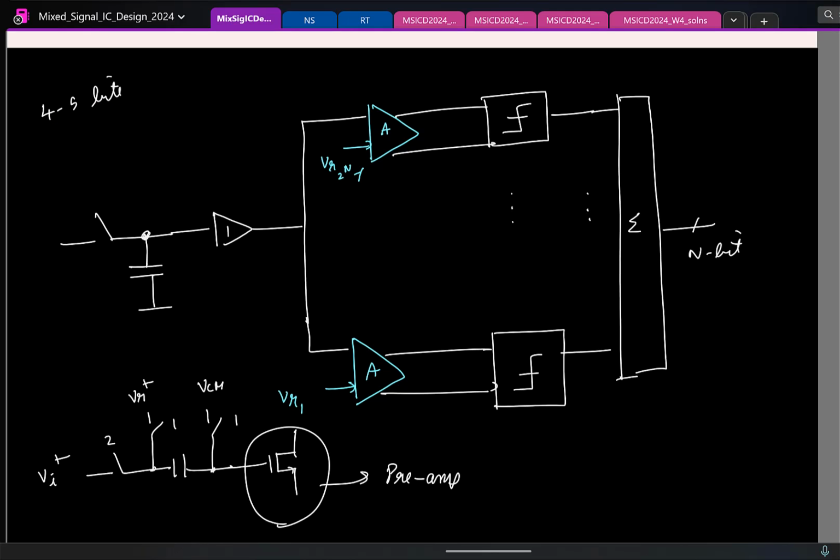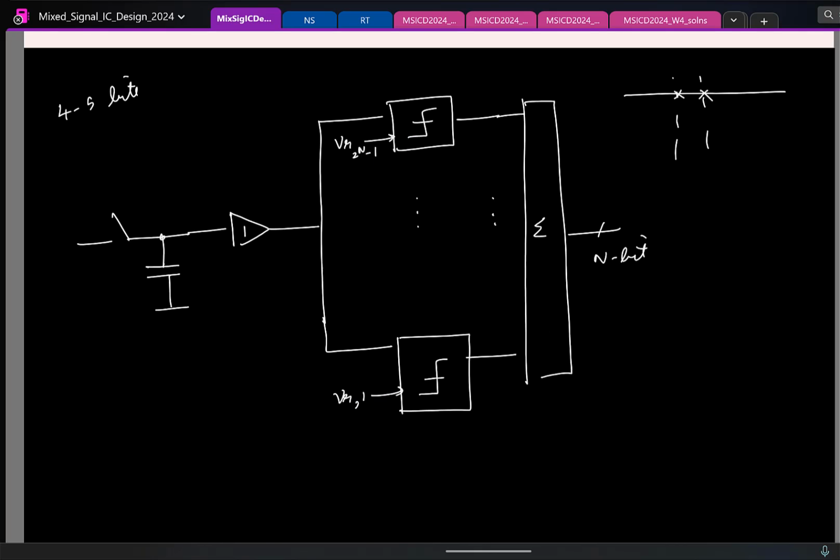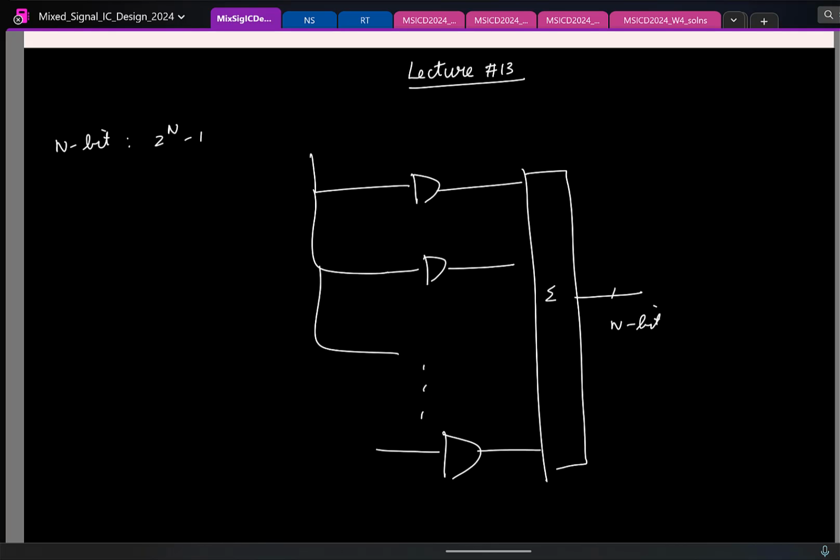Because as he pointed out, for an n-bit flash, you need 2^n - 1 comparators and 2^n - 1 preamplifiers. So if you increase the resolution by 1 bit, what can you say about the number of resources I'll need? That kind of doubles. So you limit it to 5 bits. That's why in the rest of the course we'll see what we can do to get a higher resolution ADC.